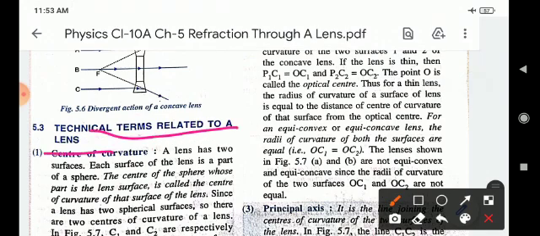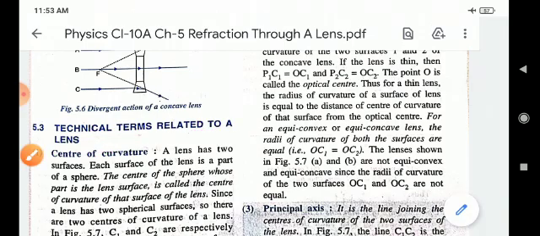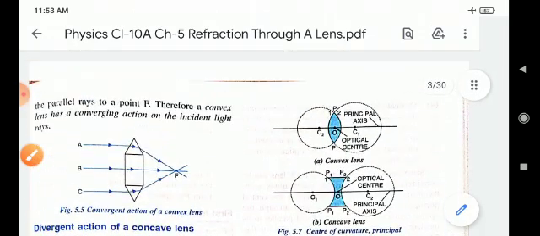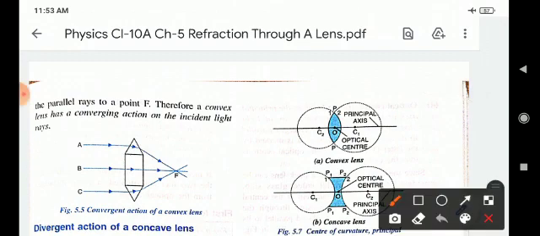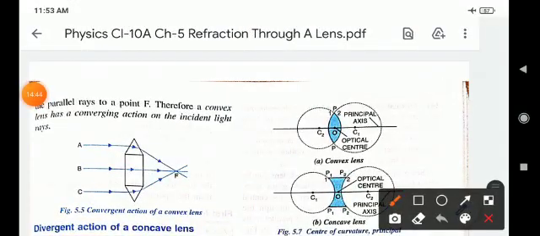What is the center of curvature? The center of curvature of a lens is the center of the sphere of which the mirror or lens surface is a part.